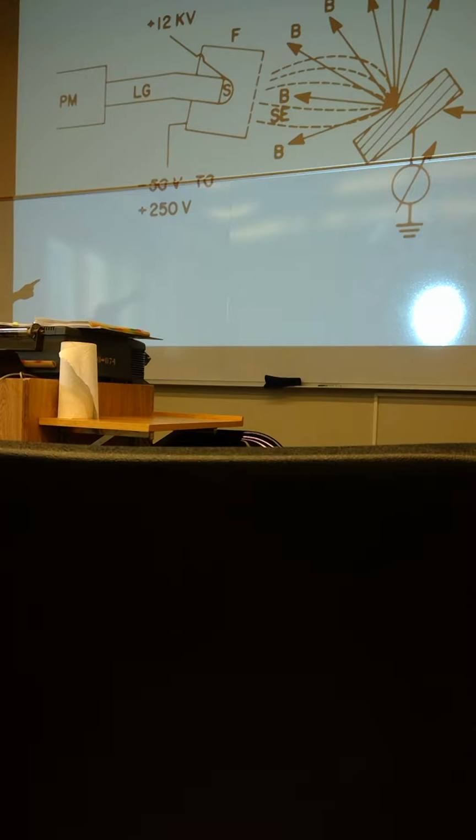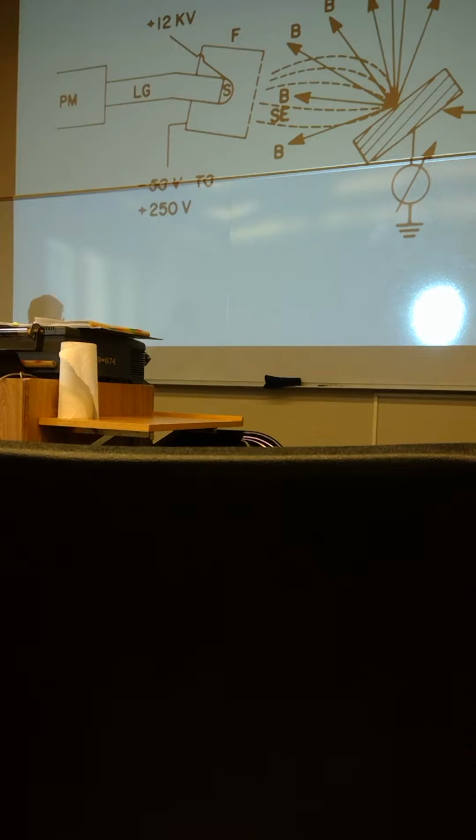So you see the secondary electrons are coming through, and you have a Faraday cage. Now, if you put a potential of 250 volts on the Faraday cage, these are negatively charged electrons, so even if they are going in some direction, they all bend over and get detected. More of them can get detected by putting a potential. On the other hand, if you put minus 50 volts, what will happen?